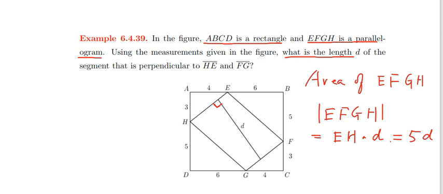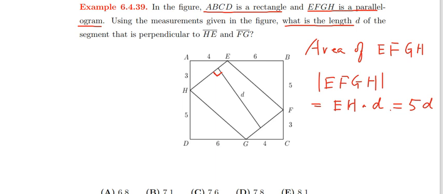On the other hand, we also have this area as the rectangle minus the 4 triangles, right? So this equals 10 multiplied by 8, minus the 4 triangles.